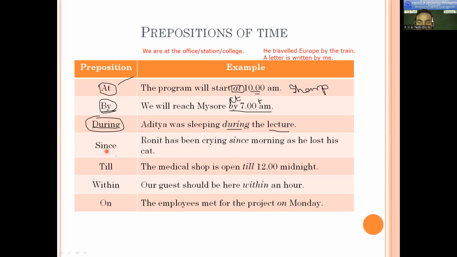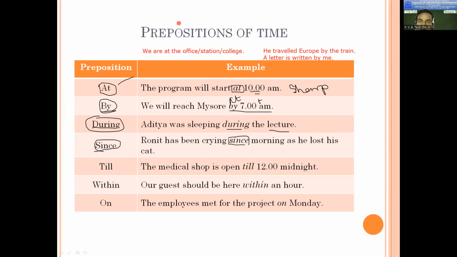Then since indicates, again, a time. Rohit has been crying since morning as he lost his cat. So here also we come to know since gives us the time when the action started.